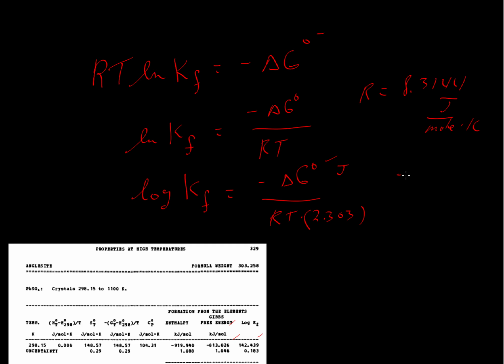So that means that we would have minus 813,026 joules on top. And then the gas constant multiplied by 298.15. And then multiplied again, we're running out of room, 2.303. We will get, as a calculation, 142.41.